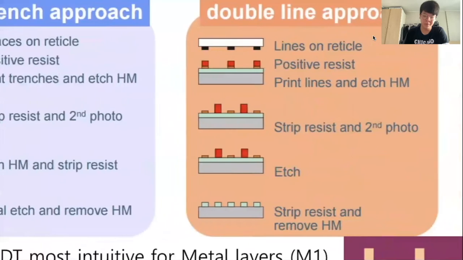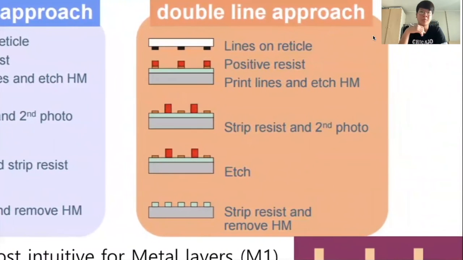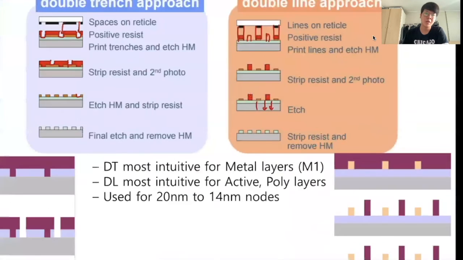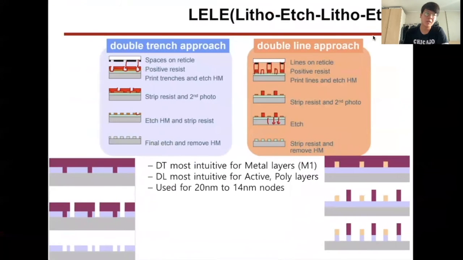And there is the double line approach, in which after we make the smallest patterns possible, then in between them we make other patterns. After that, we etch, so that we can make more microscale patterns between them.